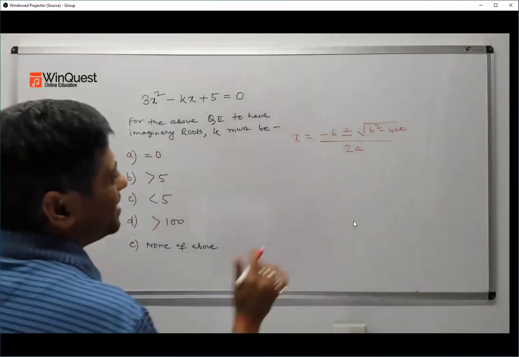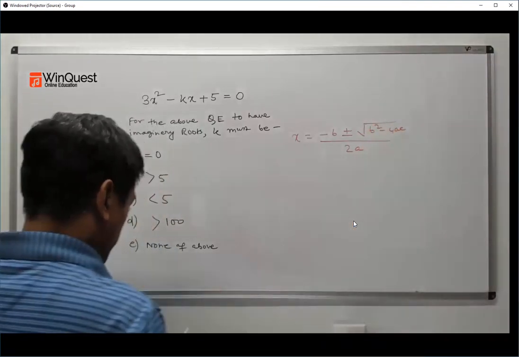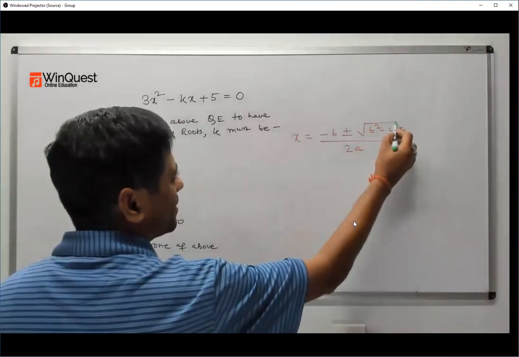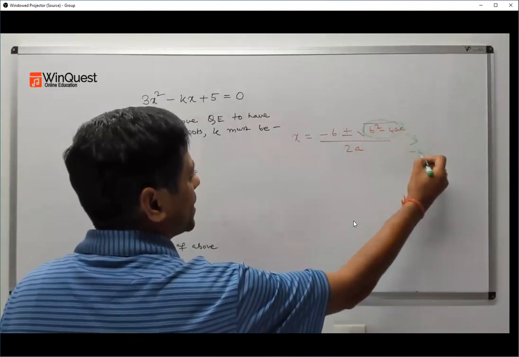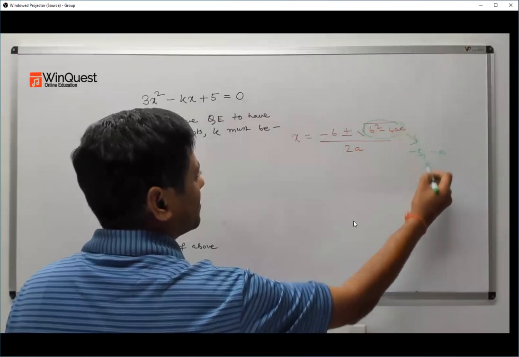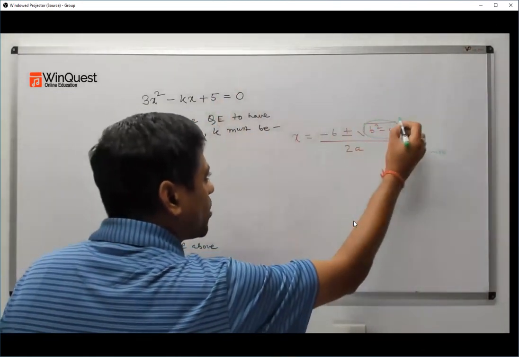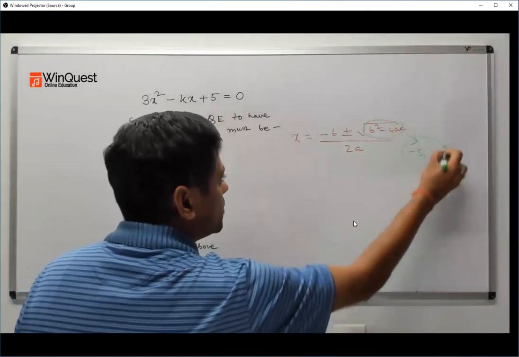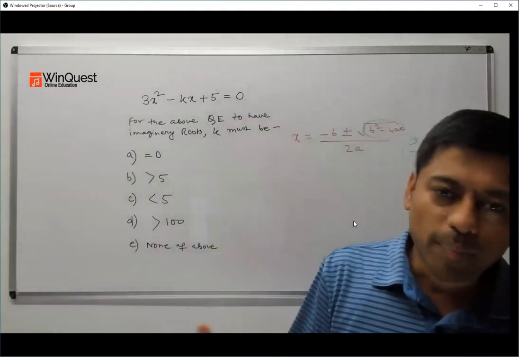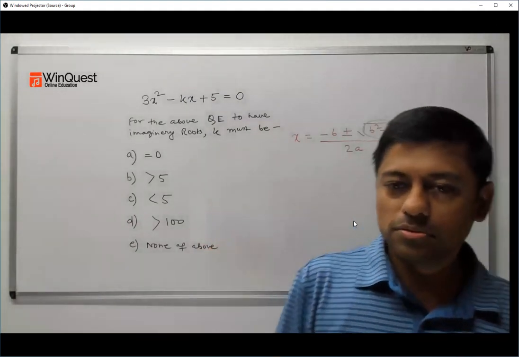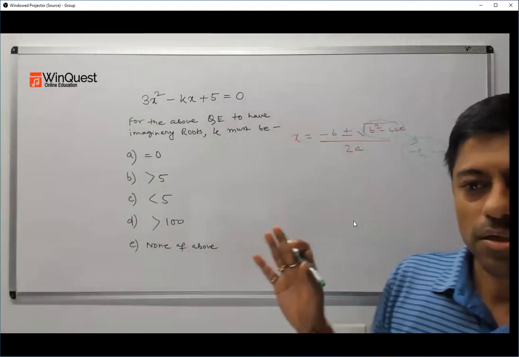We said that if this whole component b square minus 4ac is negative, for example -5, -10, or anything which is minus, then square root of this minus term will give complex or imaginary roots. Are we clear? Yes.